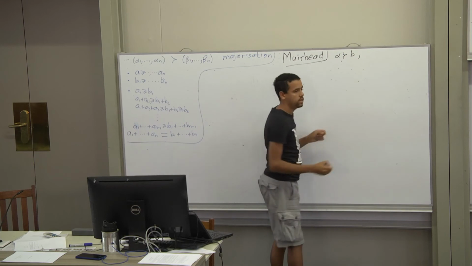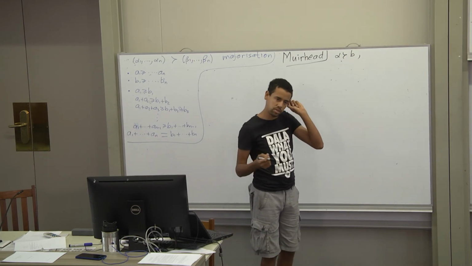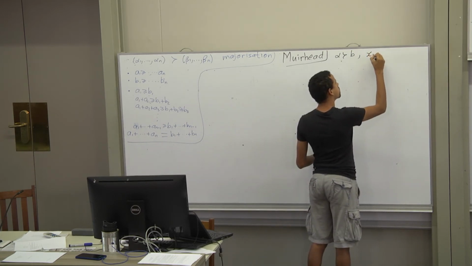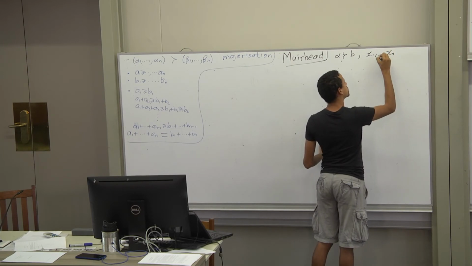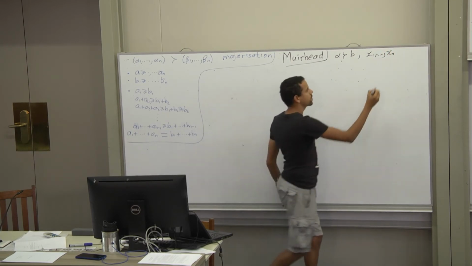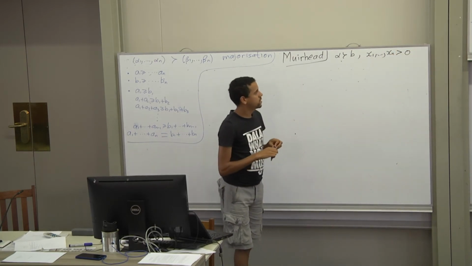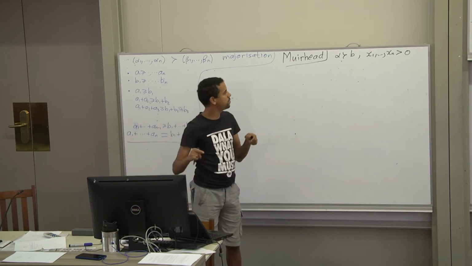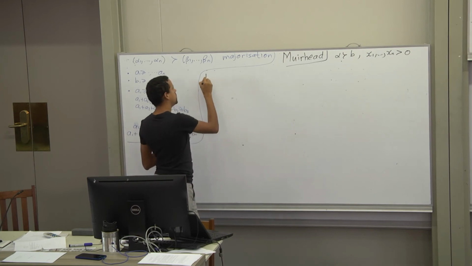And you also need a sequence of non-negative, but let's say positive real numbers. First of all, I'm going to define a particular sum, which is a very big sum.